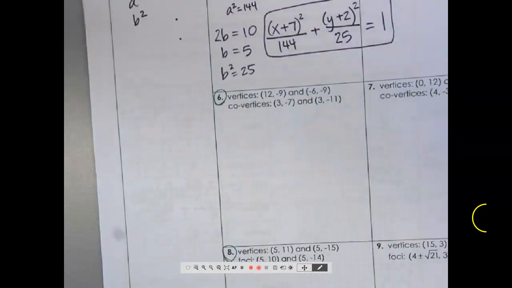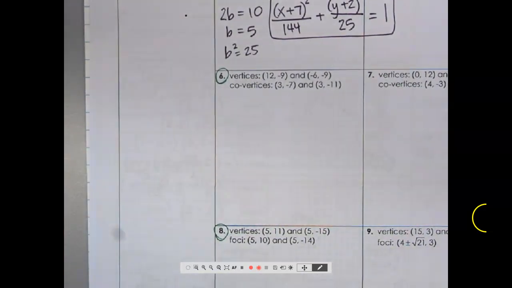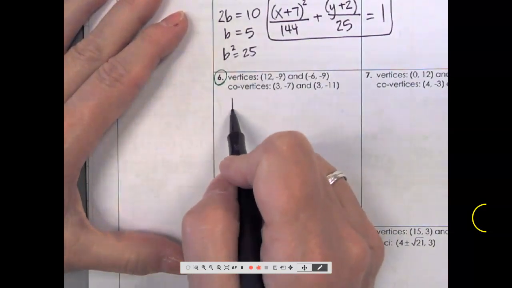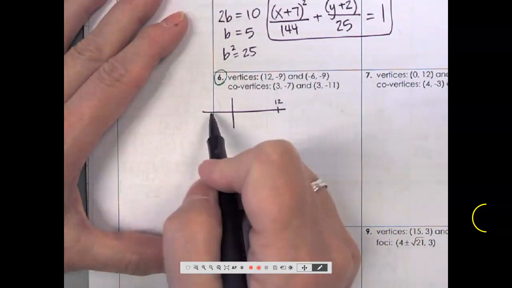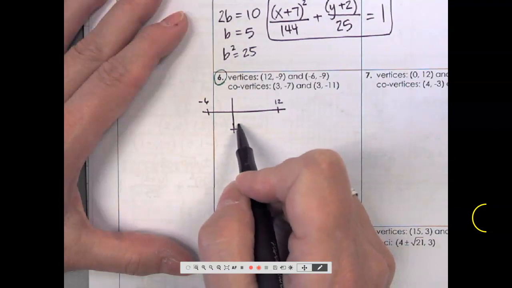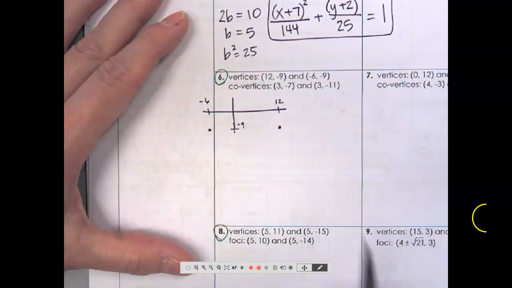Okay, let's look at 6. This one gives us vertices and covertices. If I just do a little rough sketch here: 12, -6, and I've got to go down to -9. These are not to scale.